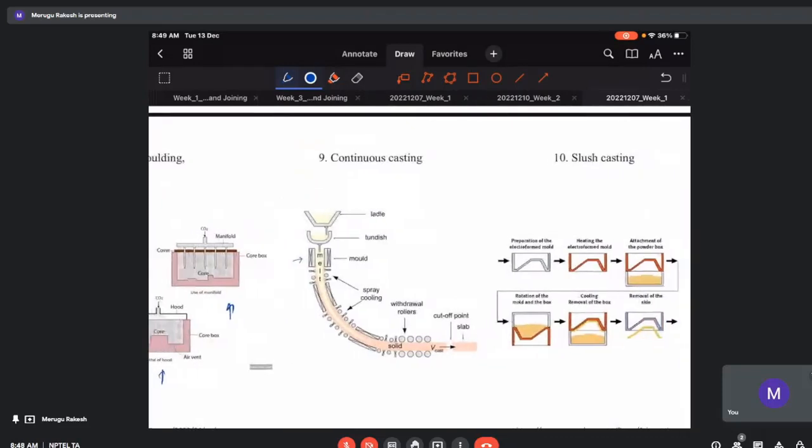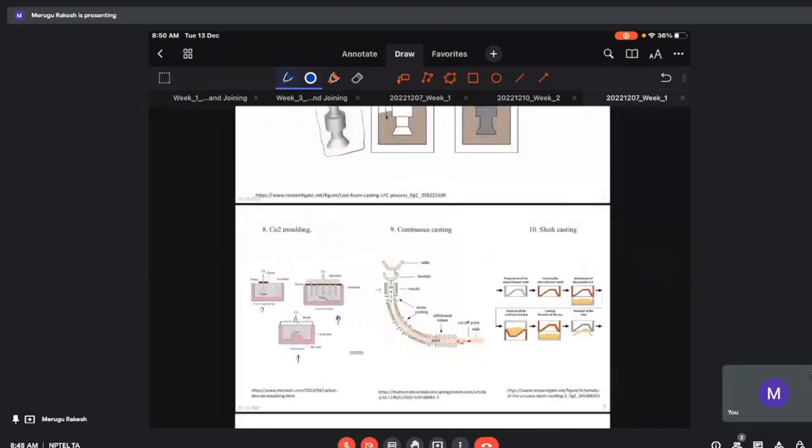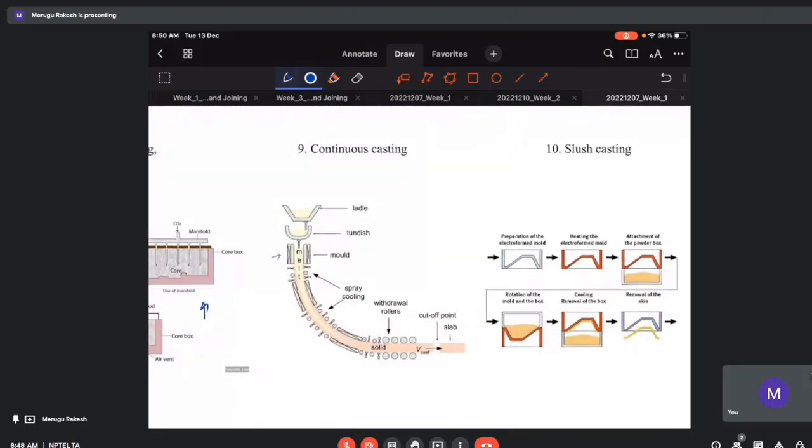So then comes slush casting. This is more or less similar to this shell molding, I can say. So in this we pour the metal.